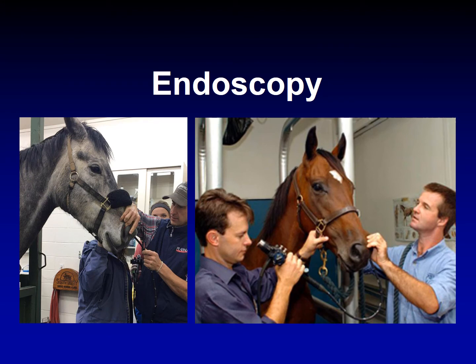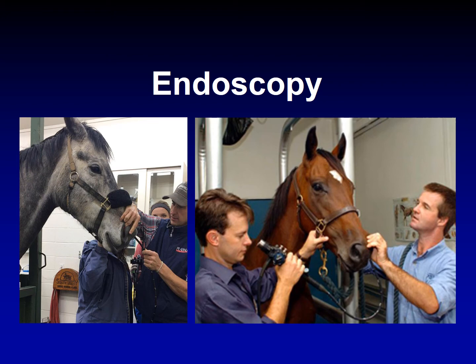Same thing when we do endoscopy. Very, very common procedure. We block the false nostril, which is the dorsal nostril, and we pass the endoscope in the ventral true nostril.